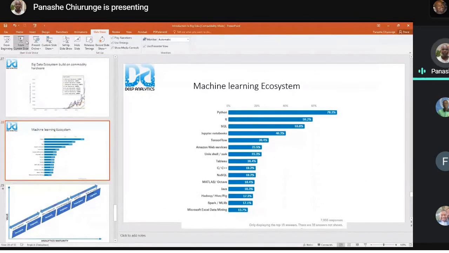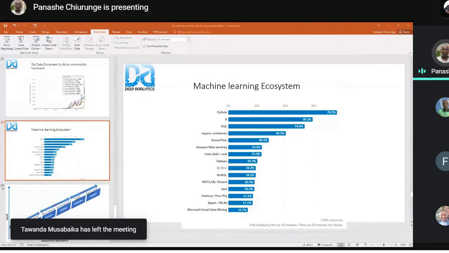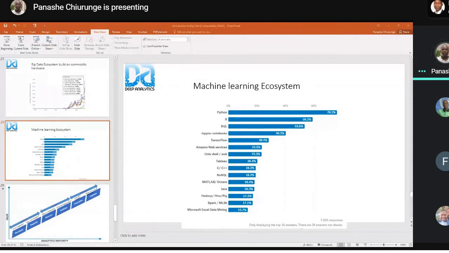All right, so let's talk about the machine learning ecosystem. The machine learning ecosystem is built around various tools. This is why you are learning Python. R, personally I don't use. Not that there's anything wrong with R, but R is not something that is used in production. No one uses R in production.